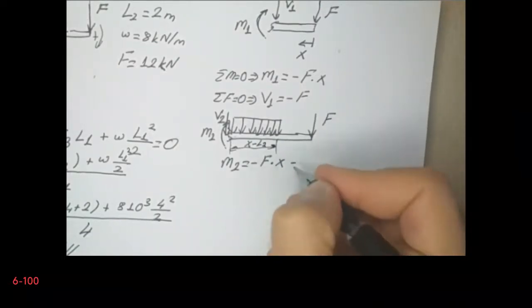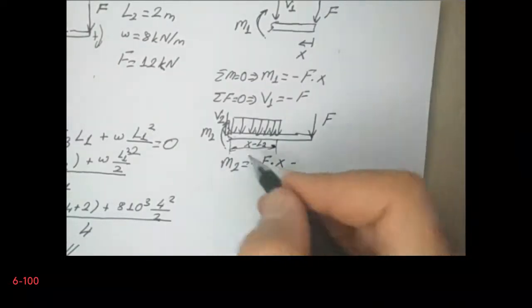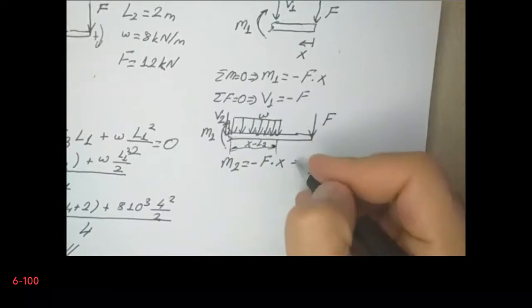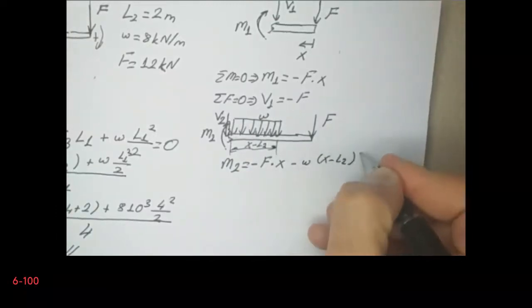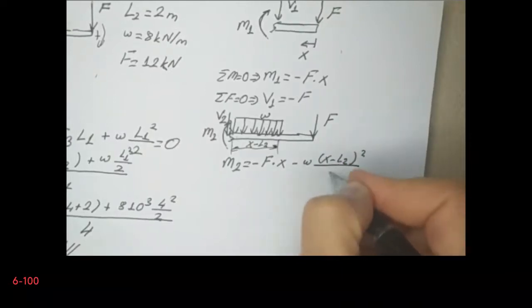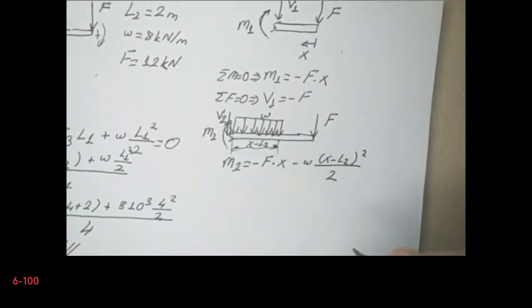So the moment generated by this distributed load is W times (X minus L2) squared divided by 2. Okay, well, I forgot something. I have FB here.